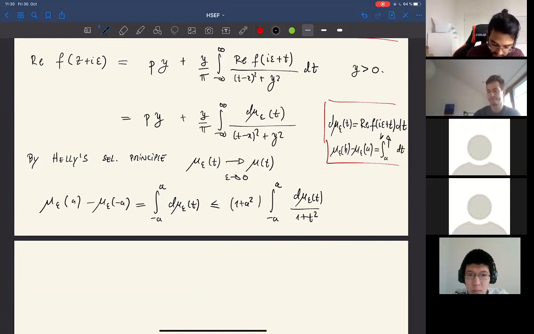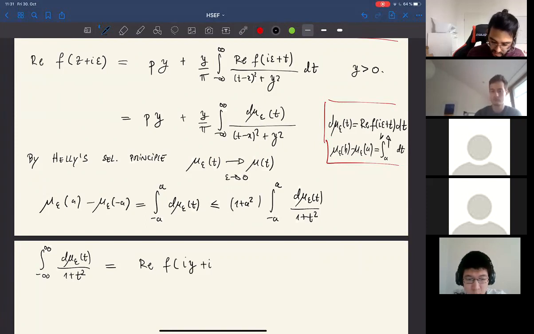Because this thing here, the integral from minus infinity to infinity of d mu epsilon of t over 1 plus t squared, this is just, if you take a look, the real part of f of i y plus i.